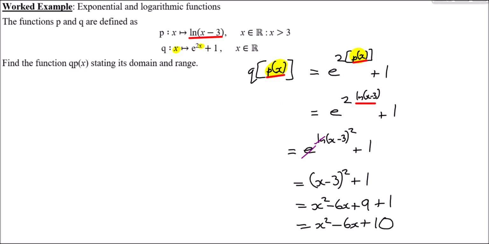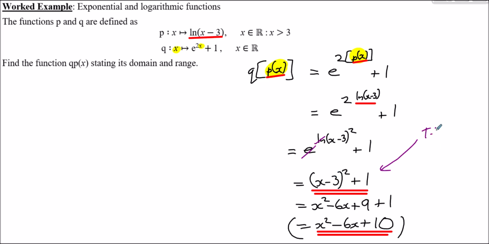And so actually, although this is a fully expanded and simplified version of what qp of x is, then this one here is nice because it's also in completed square form. So actually I would accept both this one and also this final one as valid expressions for what qp of x actually is.